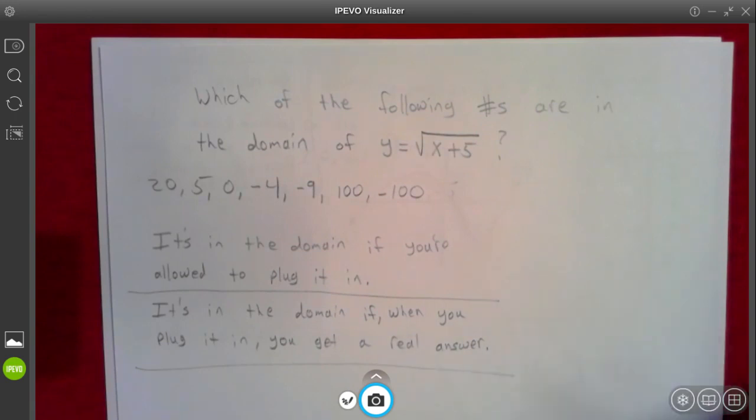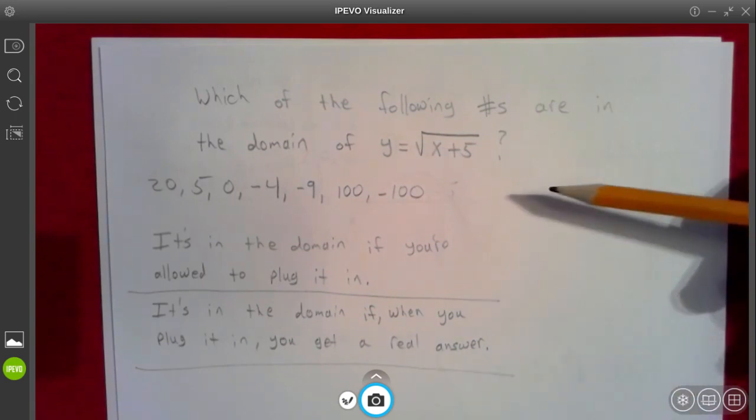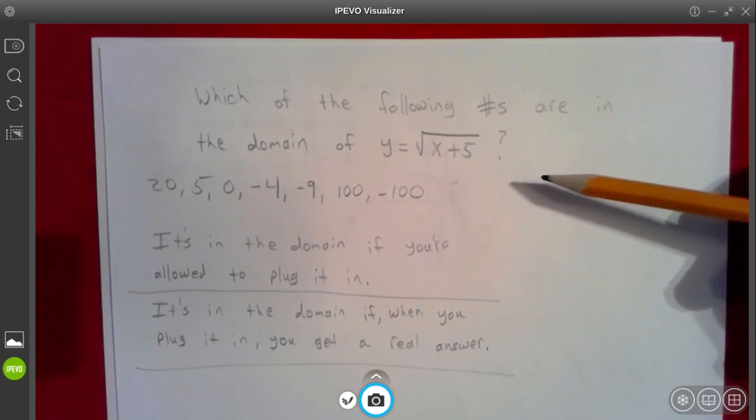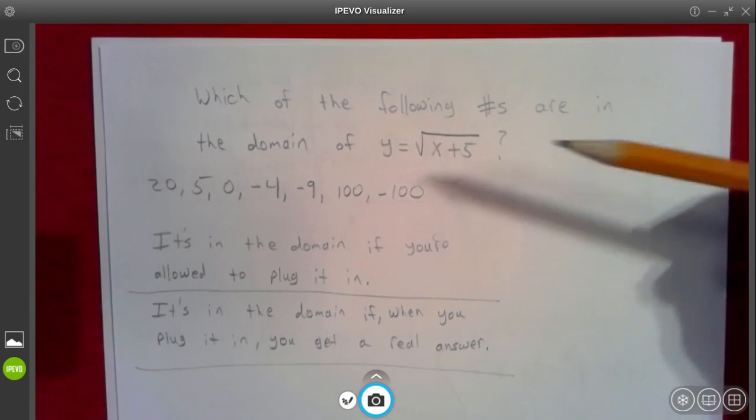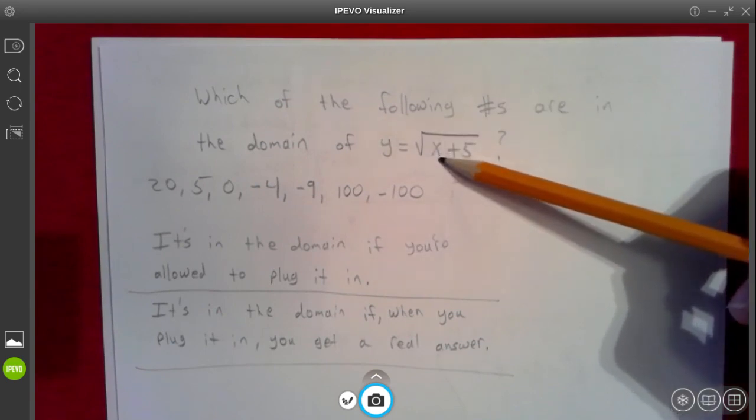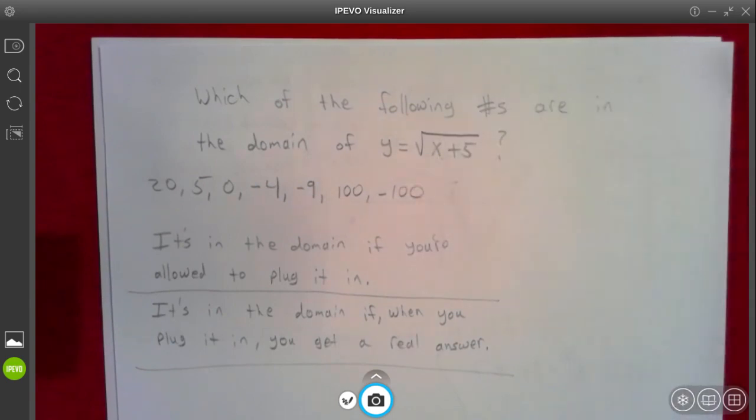I know imaginary numbers exist, but in the context of domain, we're not going to include them. So it's the list of numbers that we can plug in for x and get a real answer back. That's what we're looking for here.